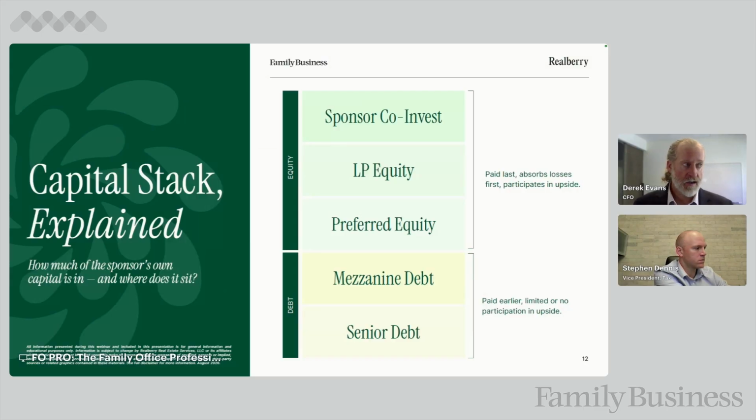And when you start to talk about these additional layers of the cap stack, more risk equals less room for error, right? So less room for error given interest rate volatility, less room for error in terms of construction delays, lease up risk, all of those things.